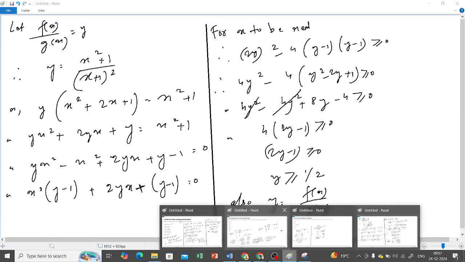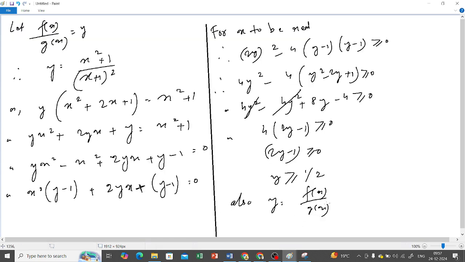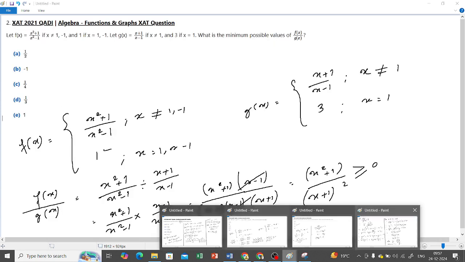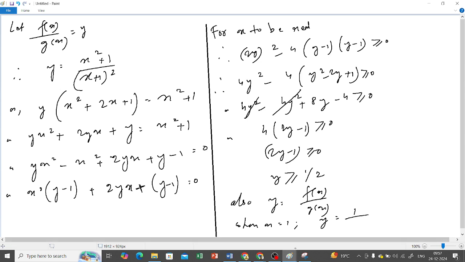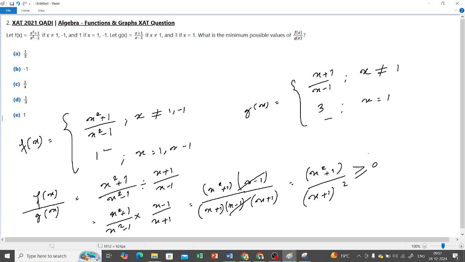From the definition we got that when x equals 1 or −1, f(x) is 1, and when x equals 1, g(x) is 3. So when x equals 1, f(x) is going to be 1, and g(x) is going to be 3.